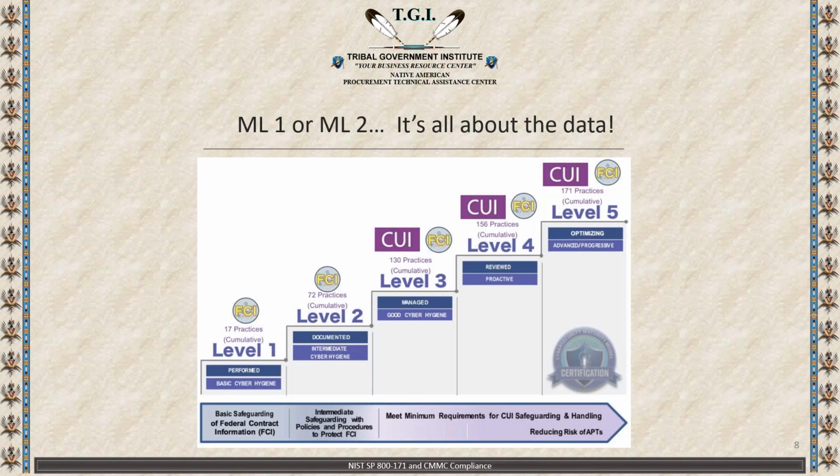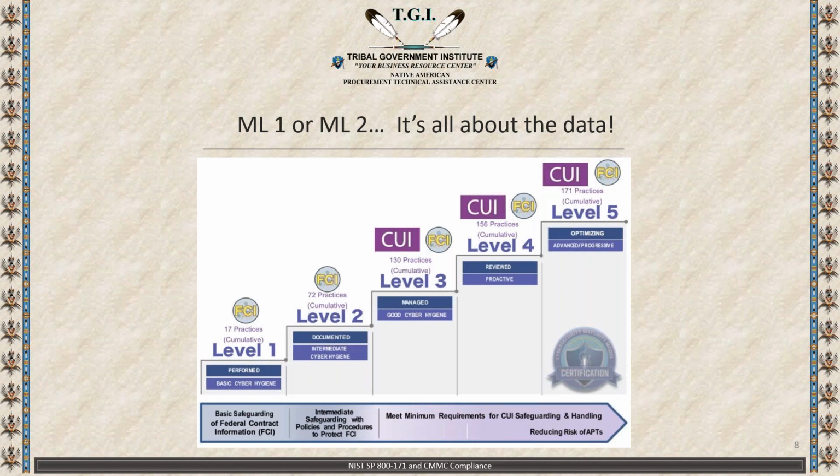The CMMC level requirement depends on what kind of data you are exchanging. You're probably trying to figure out what CMMC level you should aim for, and it really is all about the data that you're working with. For example, if you're a company that provides welfare and morale support for a military base overseas, then that would constitute federal contract information and would require you to be level 1 CMMC certified because you would be providing a commercial service to a military post.